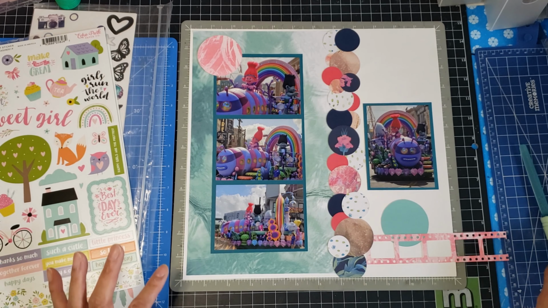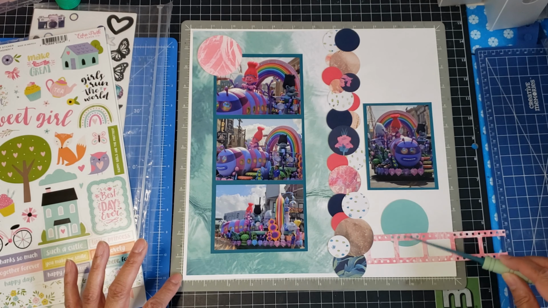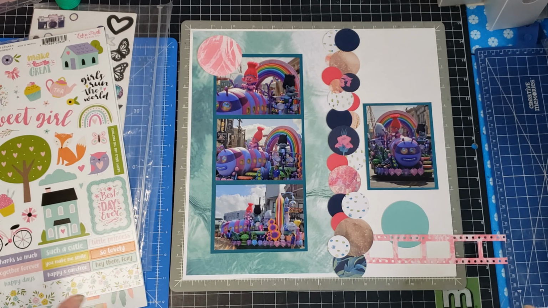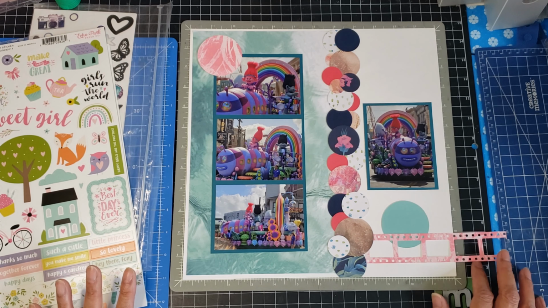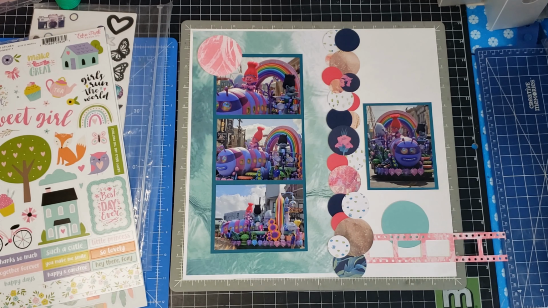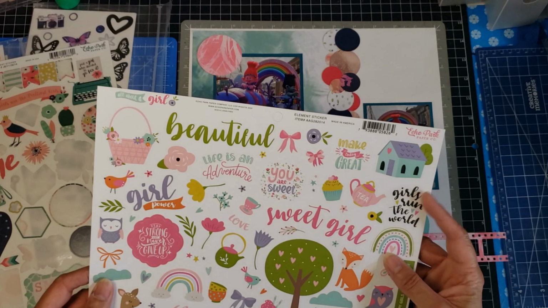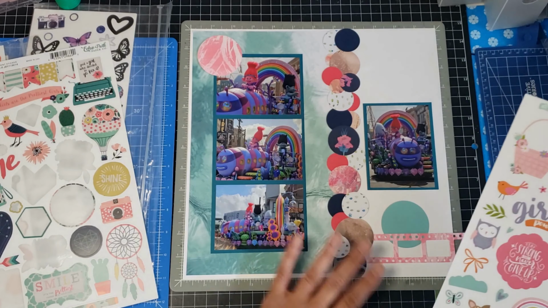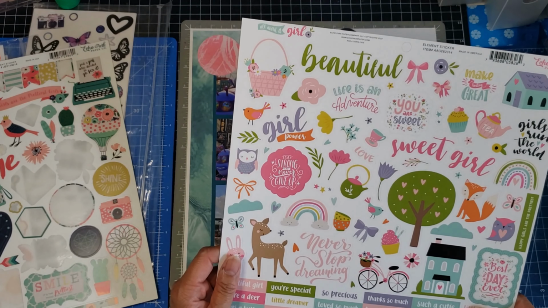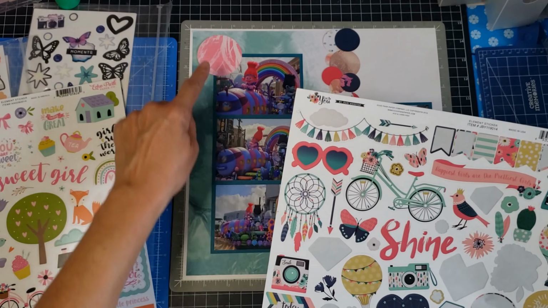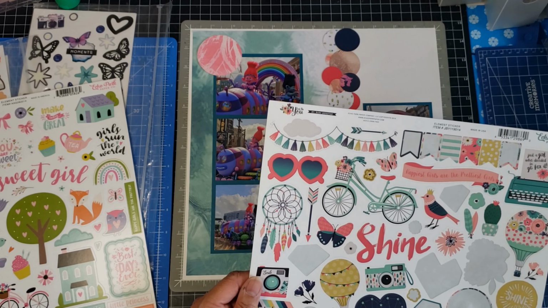So now I have my layer 2 pieces in place. I feel that these 2 pieces will make up layer number 2, and I'm ready to move to layer number 3. So I know I want to use these 2 rainbows on these 2 clusters, and I want to use these cute sunglasses on this top cluster.